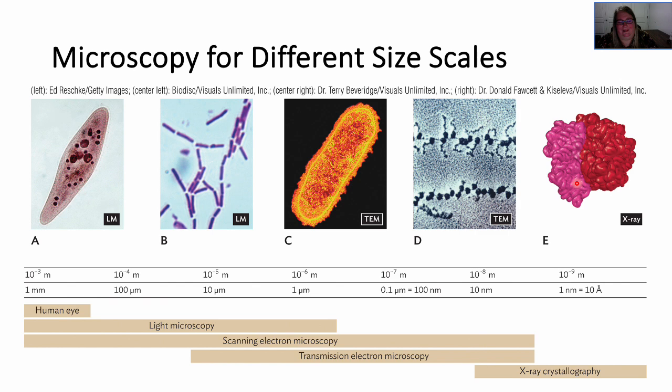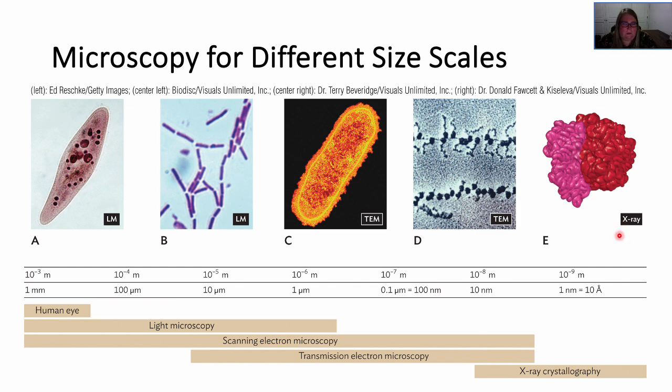And then we're going to take all the data that we get and use computer software to model it. So this is actually a computer image, which is why it looks a little bit globby and kind of weird. This is actually what the ribosome looks like. So we can see the two subunits, the large subunit and the small subunit, which is pretty cool.